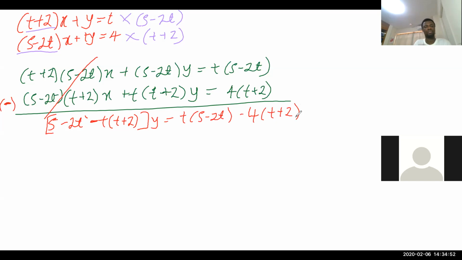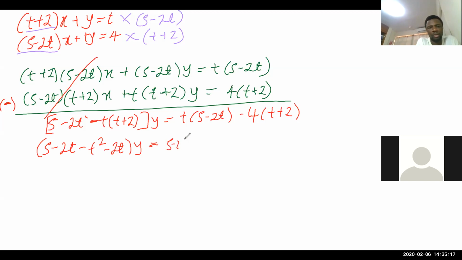Okay, all right, so let's open the brackets. Please let me know if it's okay or not. Please type in understood or not, so I know that everyone is following. So this is 5t minus 2t squared, and we also open the bracket here: plus 4 minus 4t minus 8.